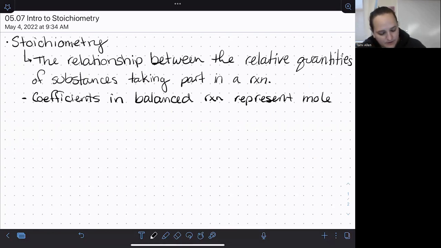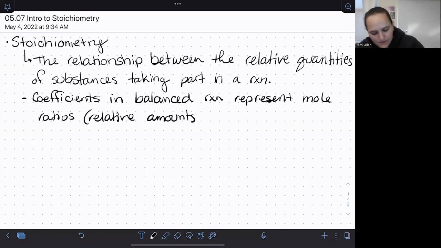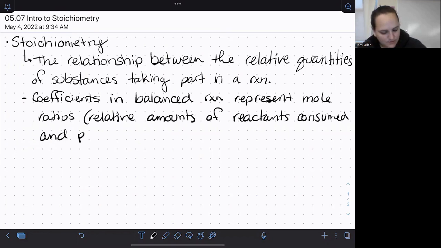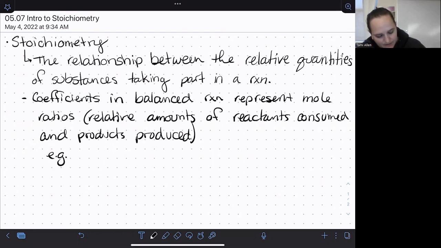So the coefficients in our balanced reaction represent mole ratios, or the relative amounts of reactants consumed and products produced in our chemical reaction.